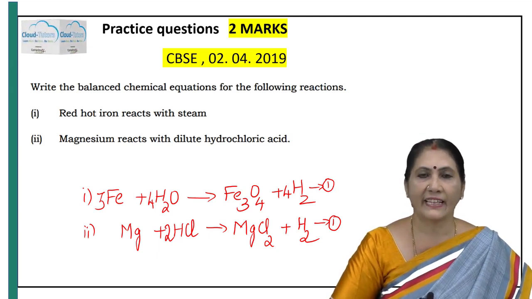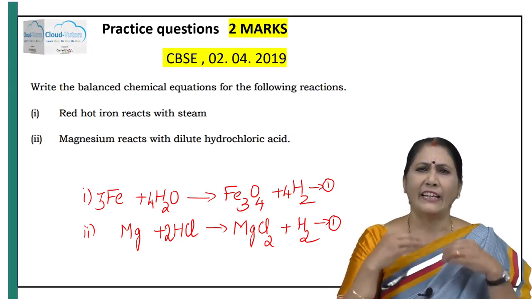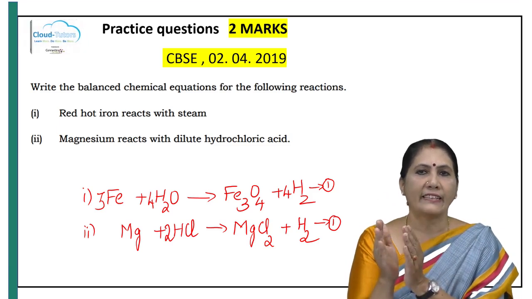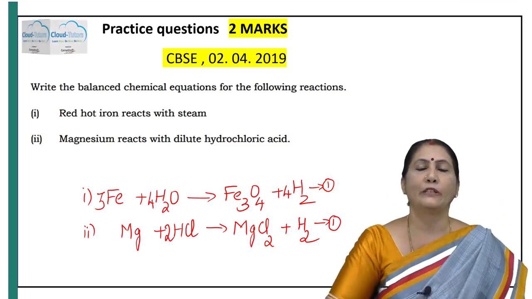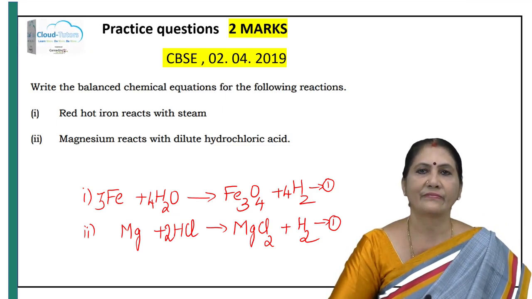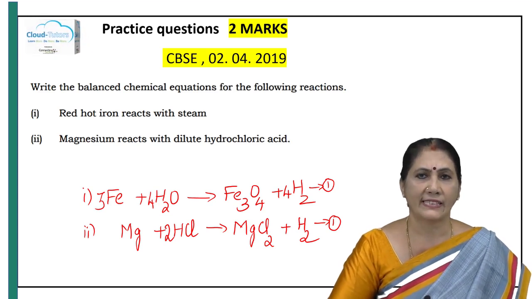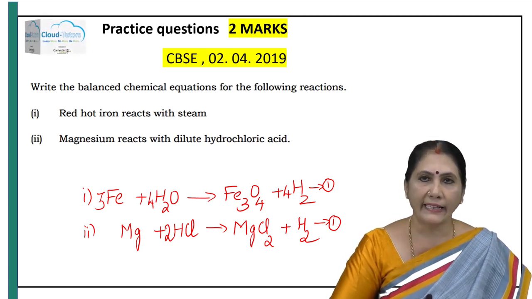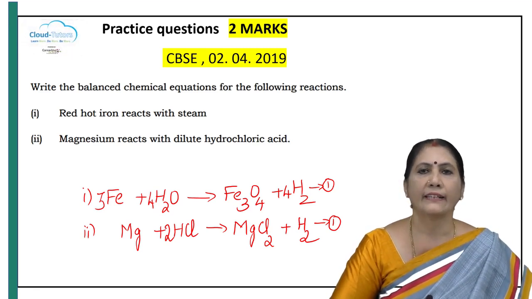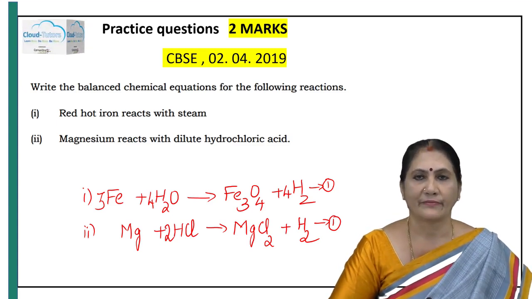In other words, mass can neither be created nor be destroyed, and ensure that there are always an equal number of atoms on the reactant side as on the product side. All the equations have to be balanced, only then you're sure to get your centum score in chemistry.